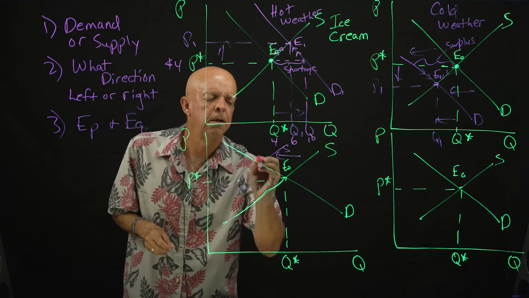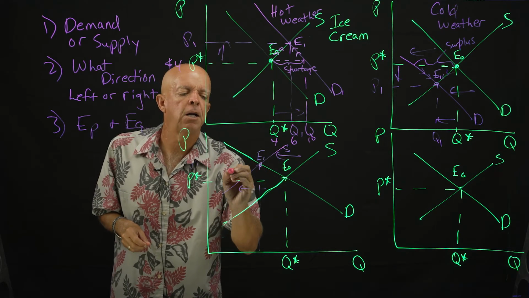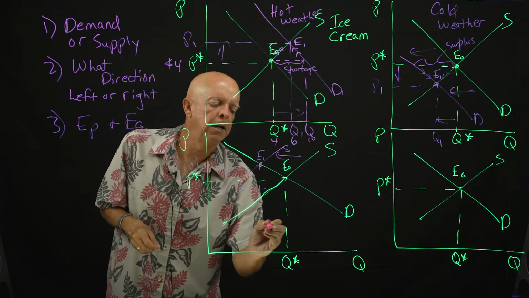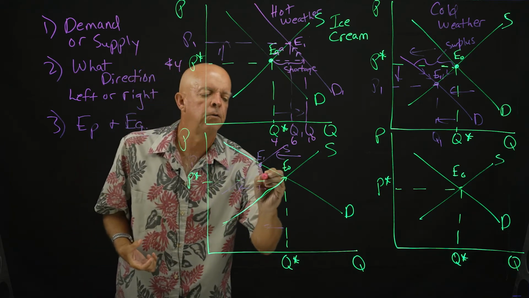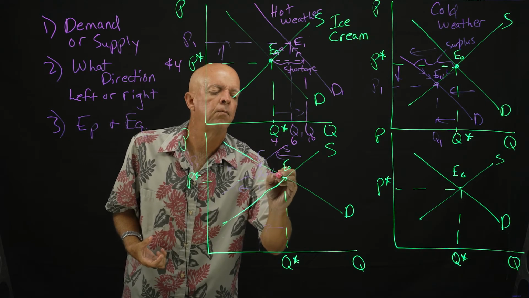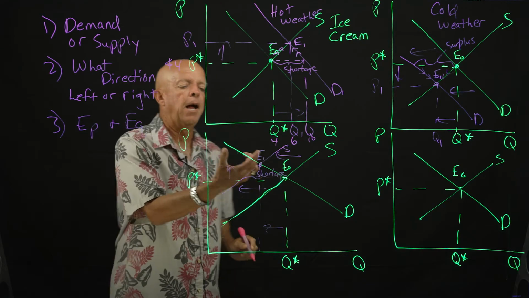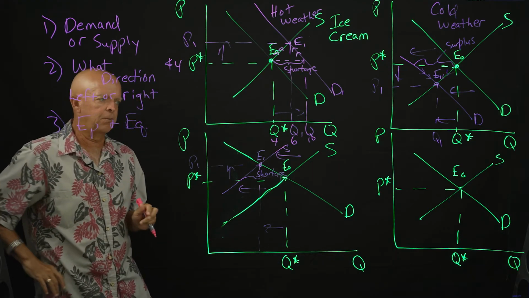That would ultimately mean a higher price and a lower quantity. At the initial price there is a shortage, and that has to be resolved through the price.